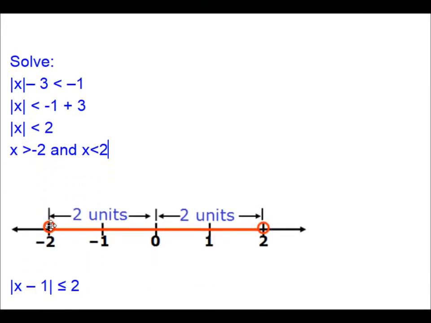Let's see on the number line to understand more. So here x is 2 units from 0 on both sides. 2 units on the minus side is minus 2, 2 units on the positive side is plus 2. So x is between minus 2 and 2, not including minus 2 and 2. So we have a circle here and here, not a dot.